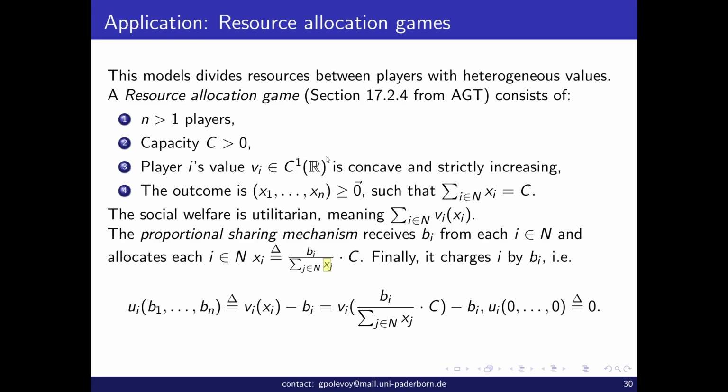So it's her bi relative to the sum of the bids, the proportion of that player's bid, and that proportion determines which proportion of the total capacity the player gets. So, for example, if the player bids 1/3 of the total bid of all the players, then the player gets 1/3 of the total capacity.